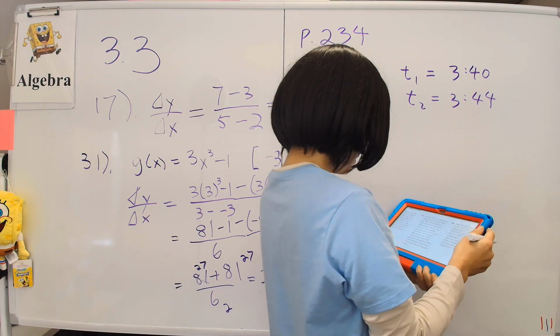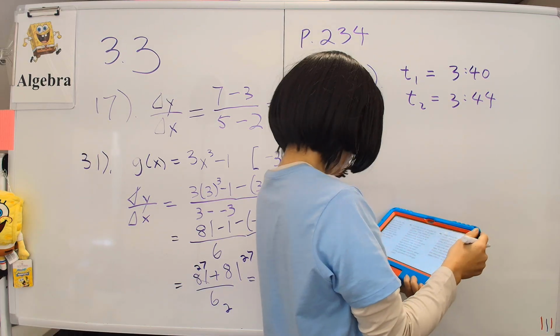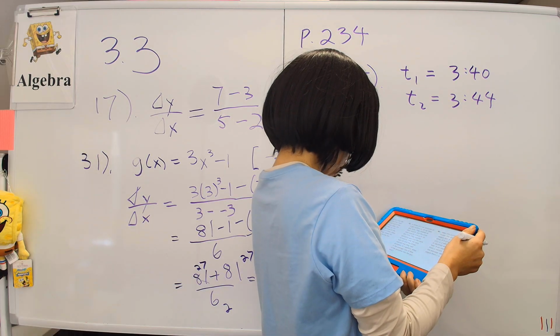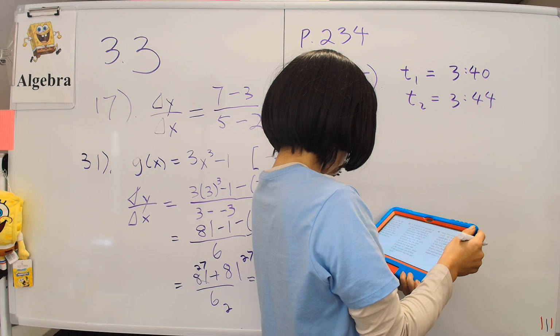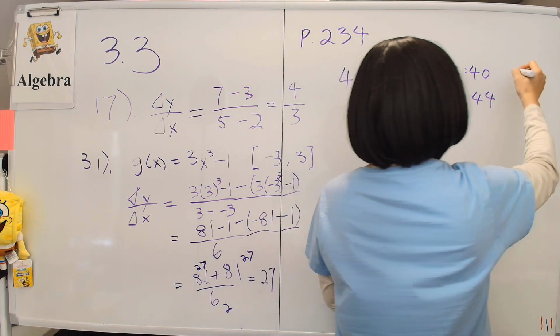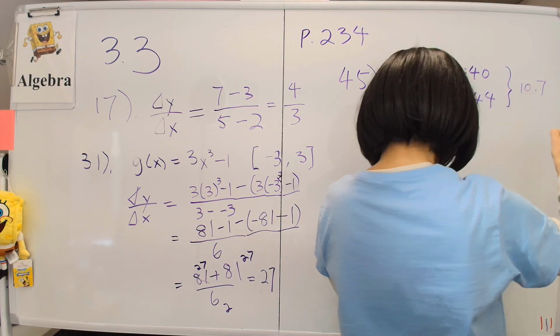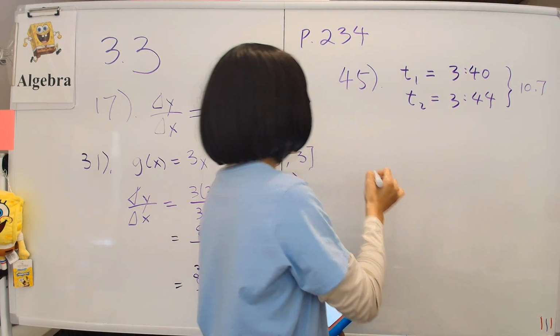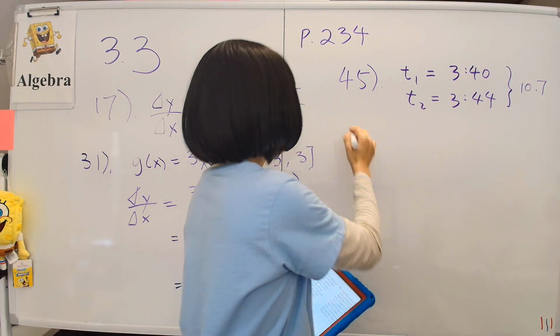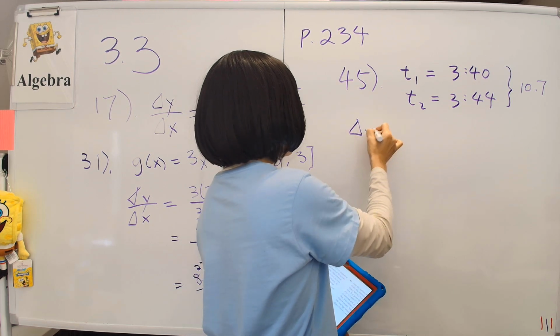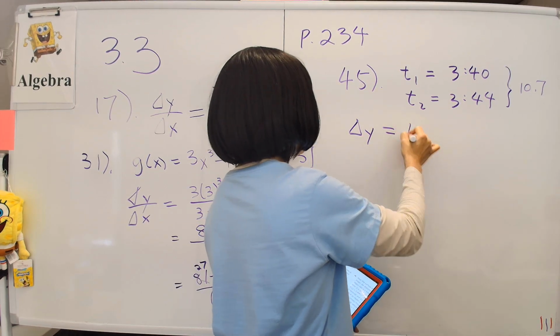And then they pumped 10.7 gallons. What is the average rate of flow of gas into the gas tank? So in this time, they pumped a total of 10.7 gallons. So the change of gasoline, which is delta Y, is going to be equal to 10.7.